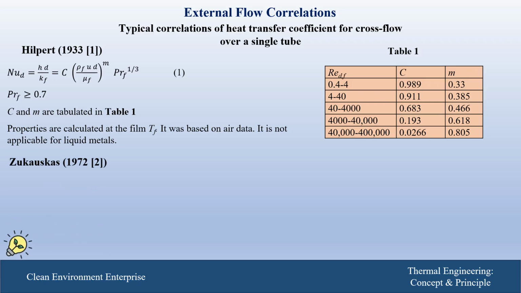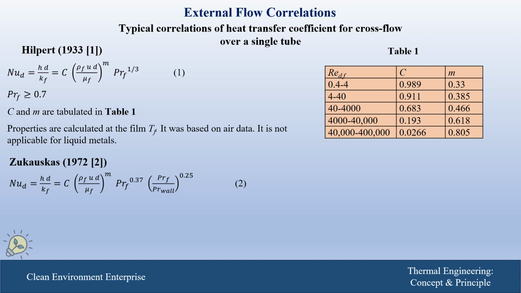We have Zukauskas in 1972. He also presented a correlation in the same form, but he added the effect of the Prandtl number where a temperature difference exists, that is, at the wall temperature.